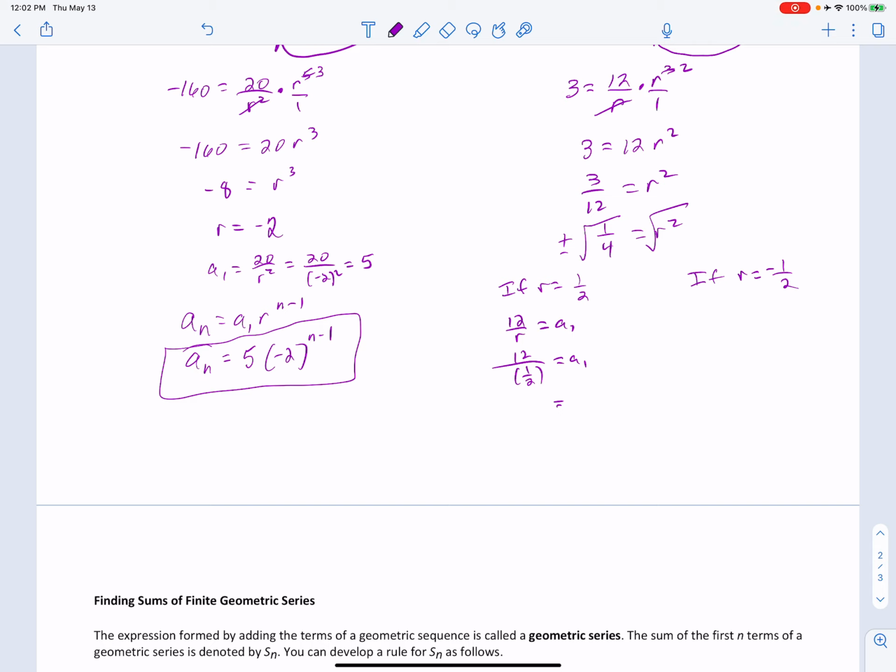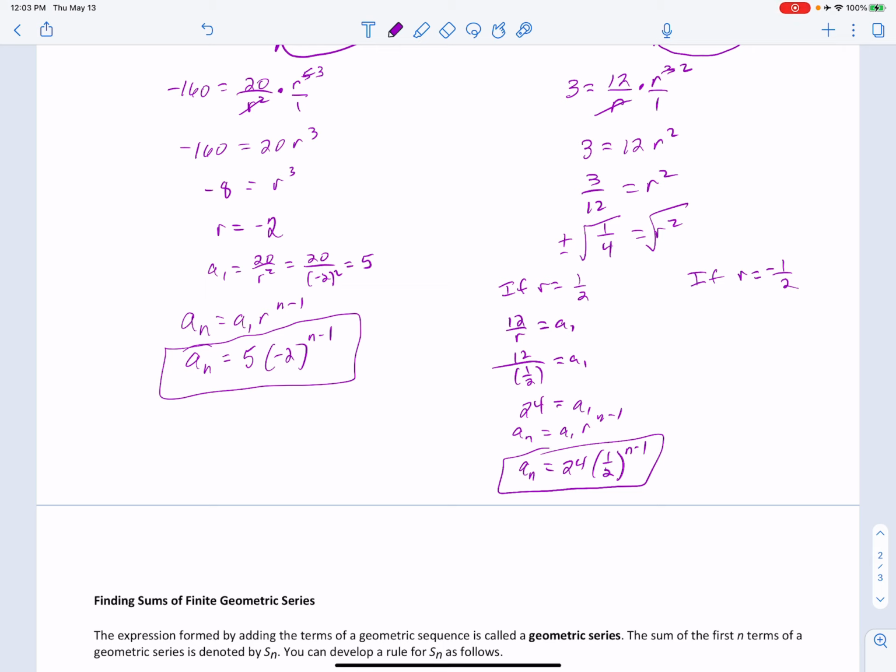The square root of 1/4 is 1/2. There we go. And so we get 24 is a sub 1. And so plugging into a sub n is a sub 1 r to the n minus 1, a sub n is 24 times 1/2 to the n minus 1. So that's if r is positive 1/2.